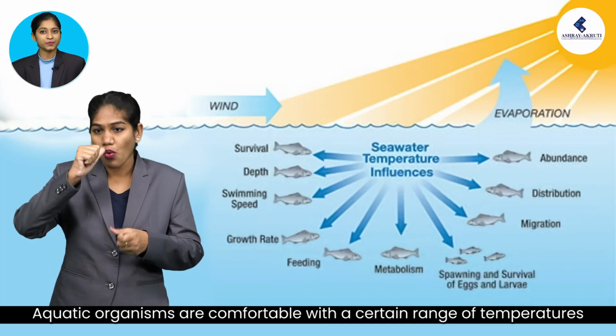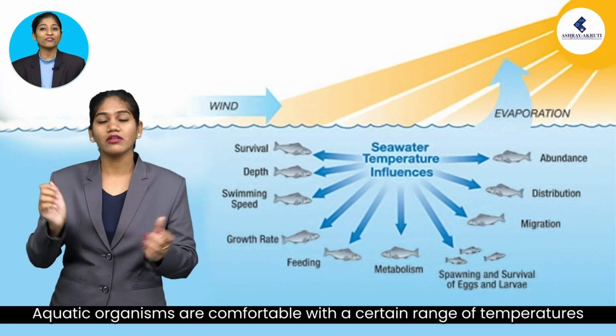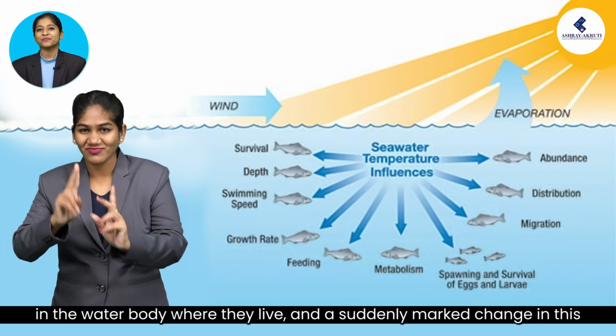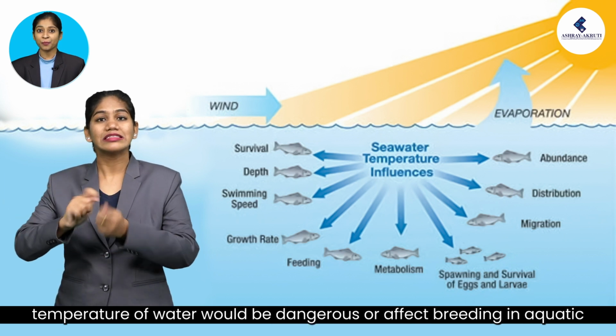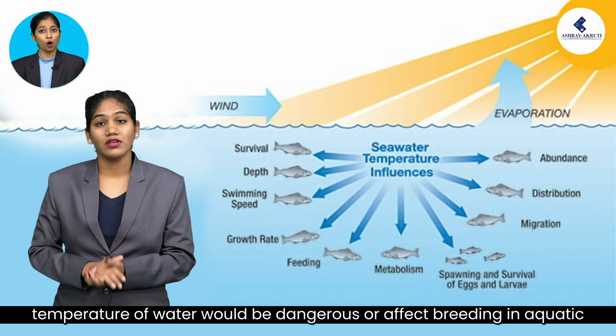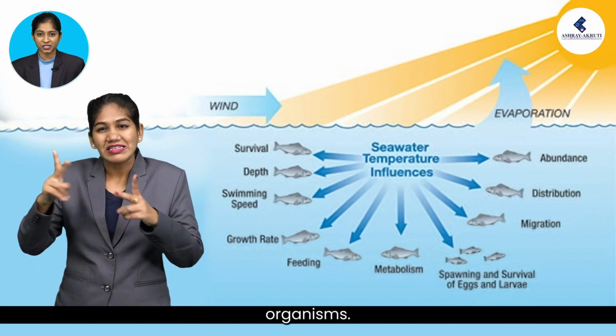Aquatic organisms are comfortable with a certain range of temperatures in the water body where they live, and a suddenly marked change in this temperature of water would be dangerous or affect breeding in aquatic organisms.